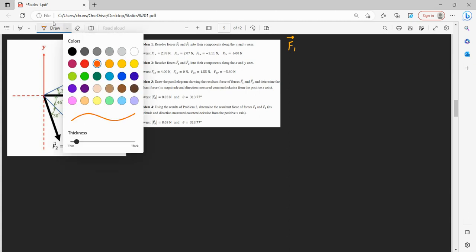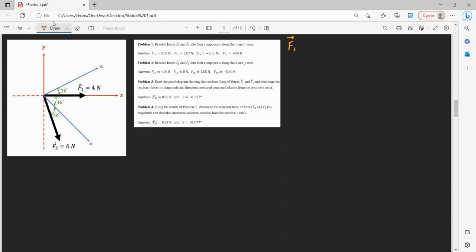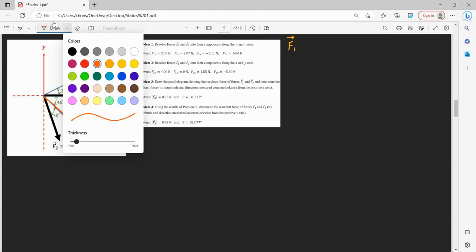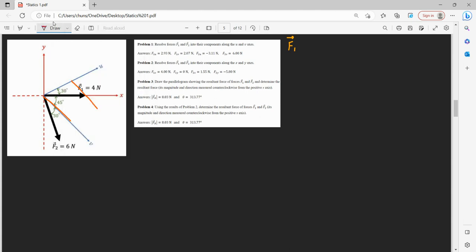So I'm going to use this orange right here. Let's draw a parallel line that will intersect with the tip of our vector arrow, and that will represent our v-axis. And then along our u-axis, let's draw another parallel line that will meet the tip of our vector.